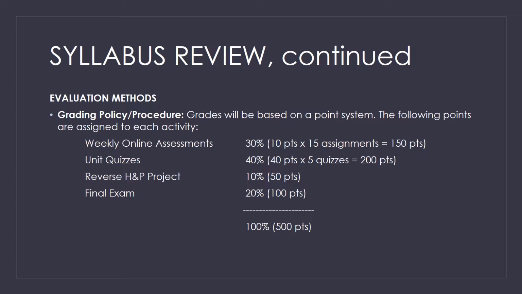Most frequently you will have weekly online assessments, or what I like to call learning activities. There are 15 of these throughout the semester, and these are 10 points each. So this section equals up to 150 points, or 30% of that final 500 points. This includes completion of case studies, online activities, and worksheets.